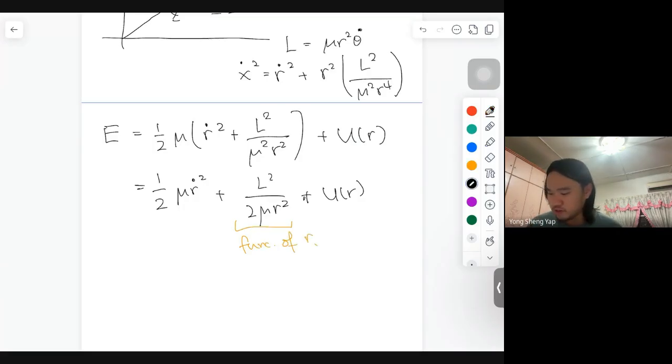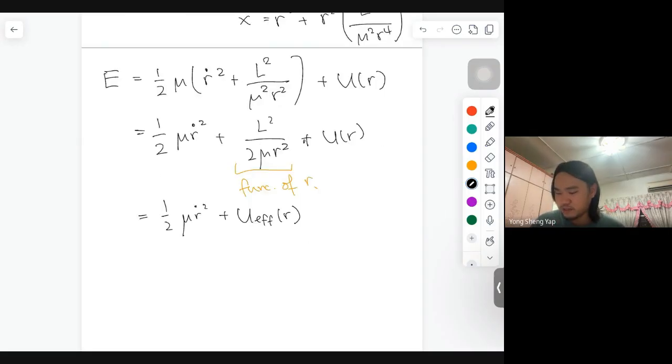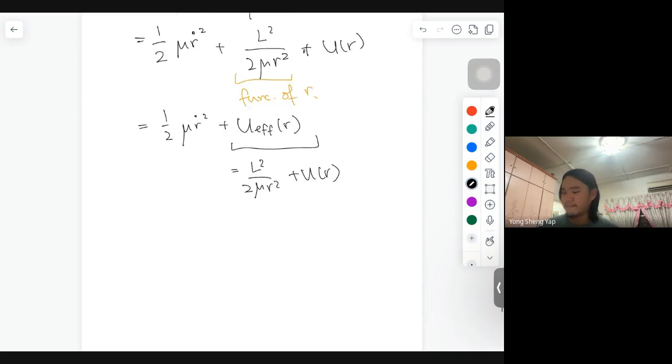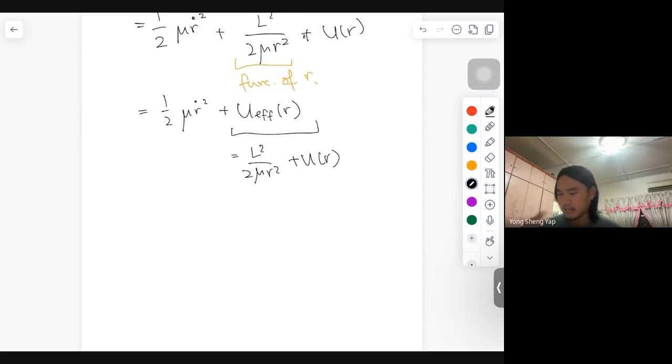So what we can do is understand the dynamics in terms of some effective potential, where the effective potential is equal to L squared divided by 2 mu r squared plus the potential energy between the two. We can start to draw this.